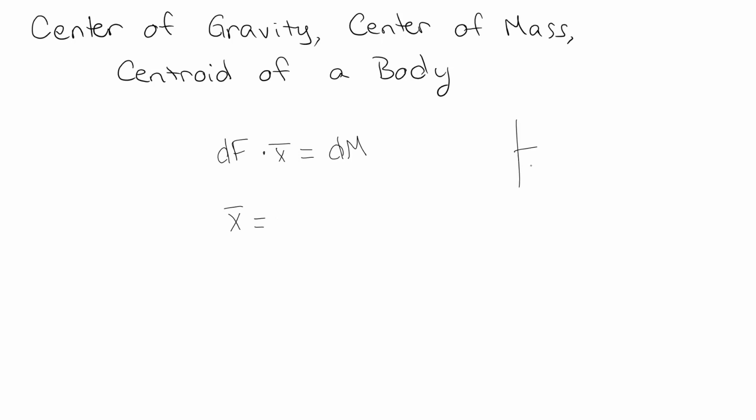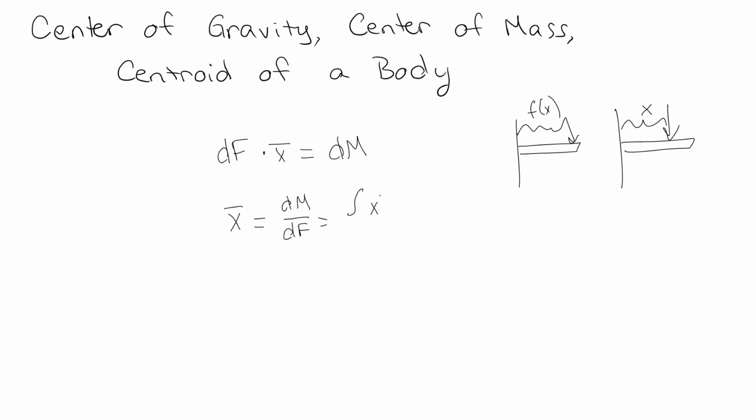If we had a function on a beam, we wanted to replace it with exactly one force at exactly the right location, so we had these itty-bitty pieces, meaning dM over dF, which gave us something like this. Maybe remember this from statics?